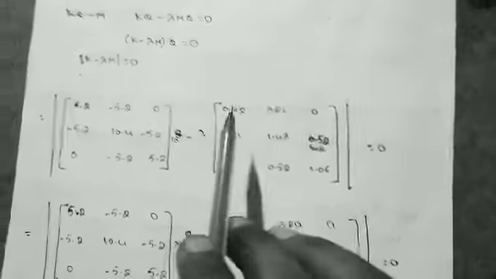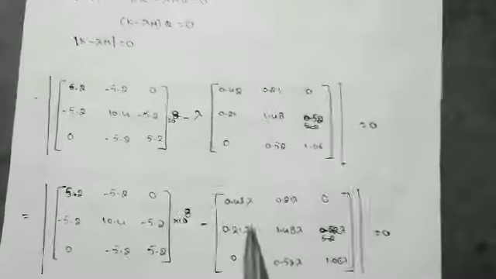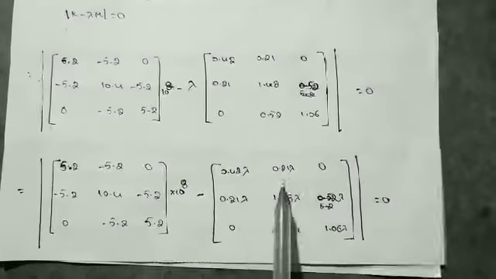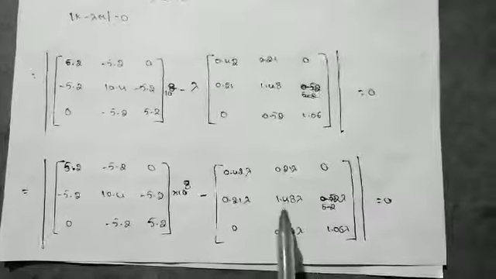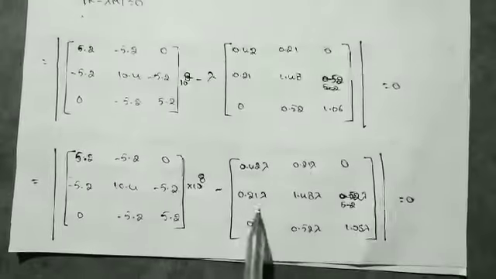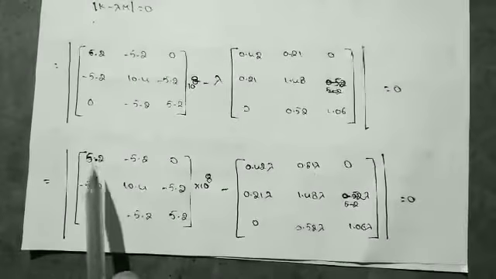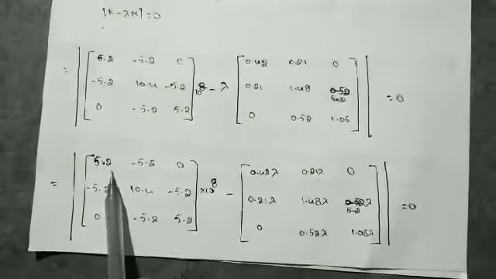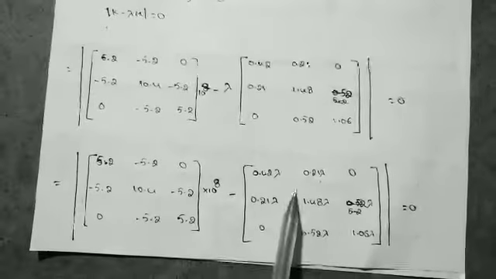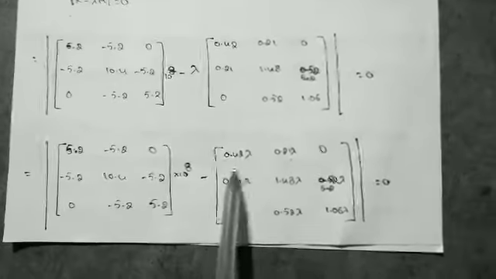I have already filled in that matrix. This is a 0. After that, multiply this lambda with the entire matrix, and you will get 0.42 lambda, 0.21 lambda, 0. Then subtract this matrix from the stiffness matrix: 5.2 into 10 power 8 minus 0.42 lambda.